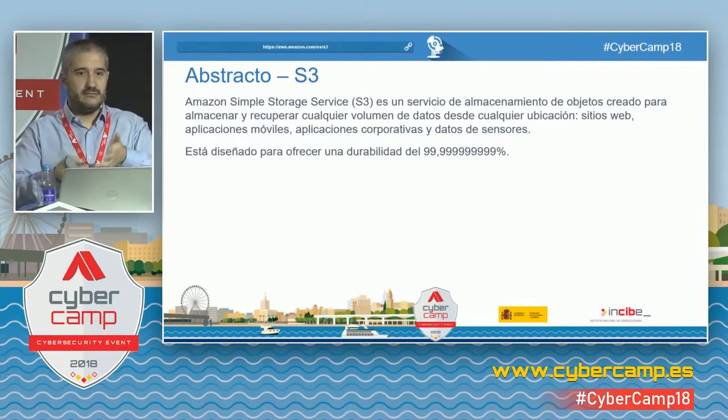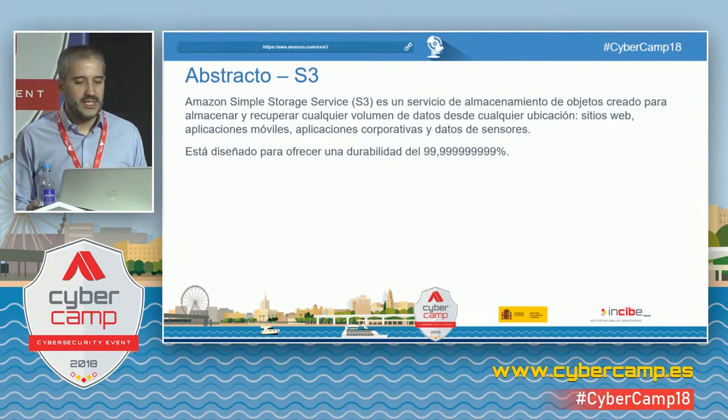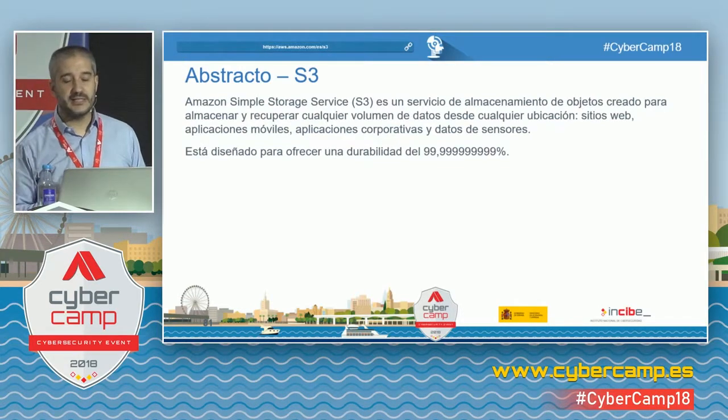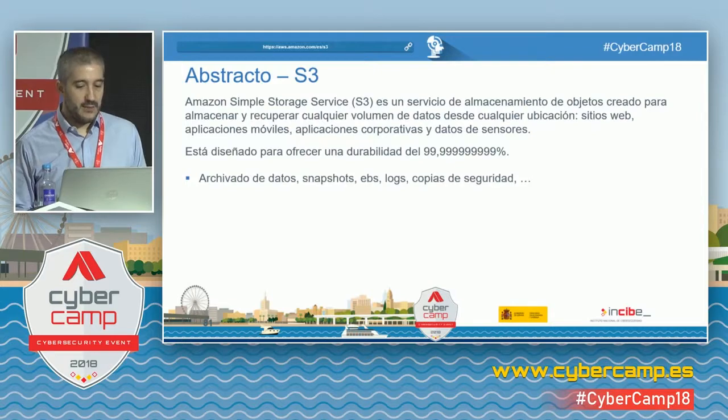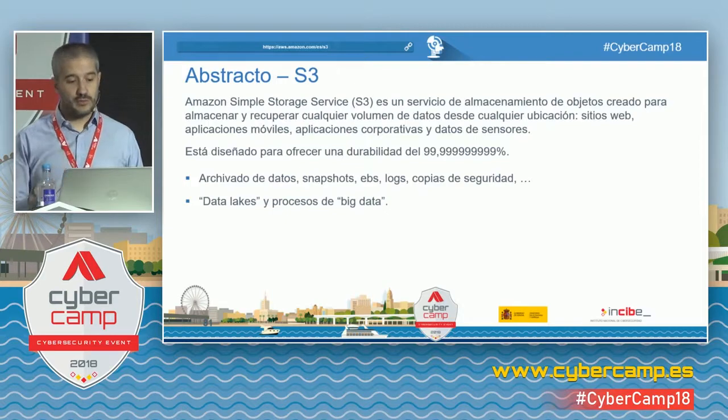So for those of you who don't know about S3, all it is is a gigantic folder where you can just drop basically anything. And then information is copied at the different availability regions, although you can also tell it not to. Apart from storing information and backups, it's also used for logs and for security information that you get from your services.